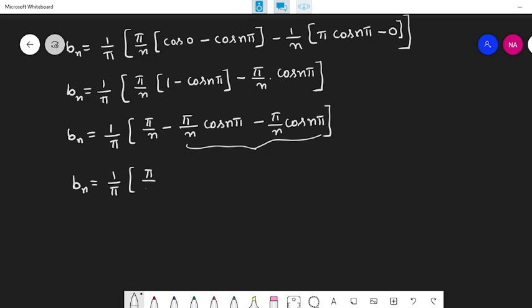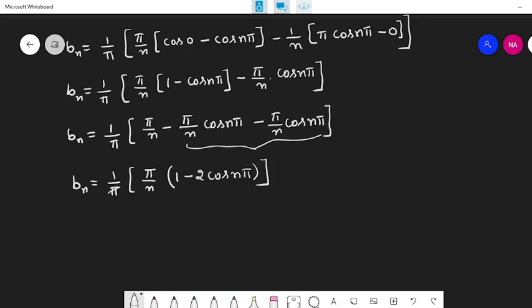So this pi by n times, I'll write bracket here, 1 minus, pi by n I have taken outside, you get minus cos n pi minus cos n pi, that is minus 2 cos n pi.